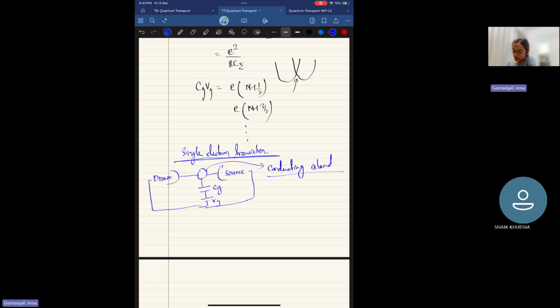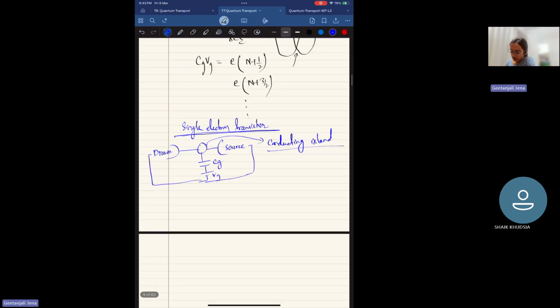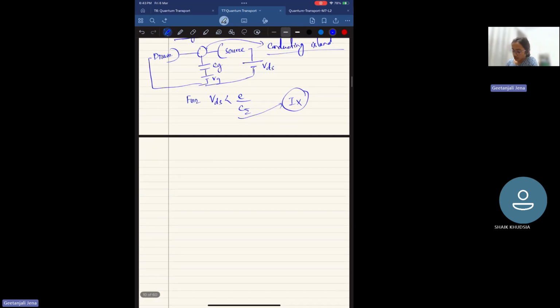So for this case, what we'll see is that for VDS less than e/Cσ, there won't be any current because of this Coulomb blockade effect. Graphically, we plot the current versus voltage.